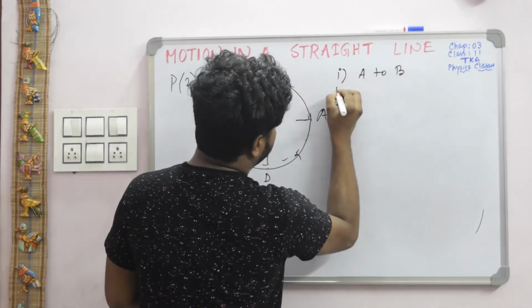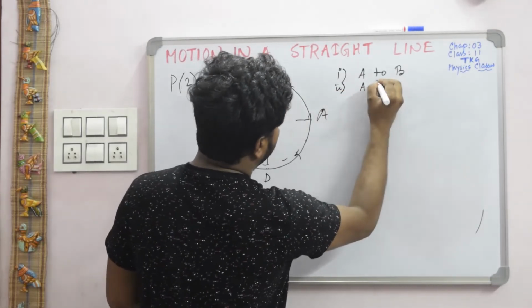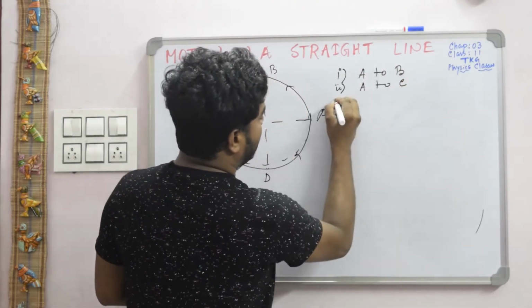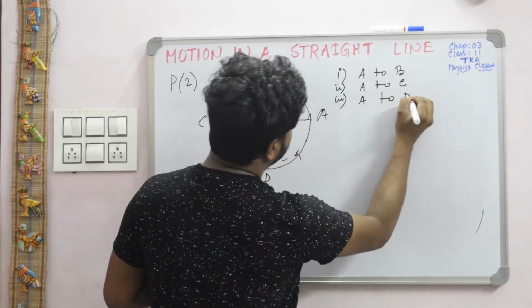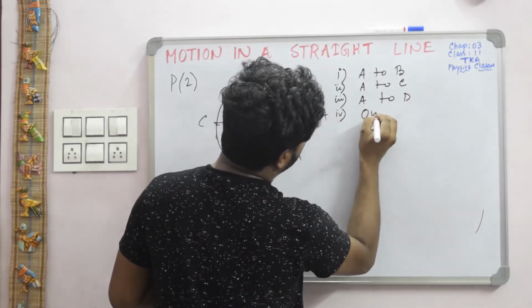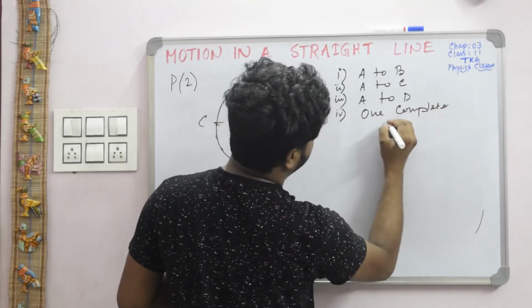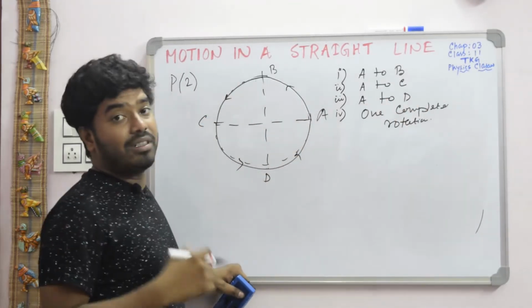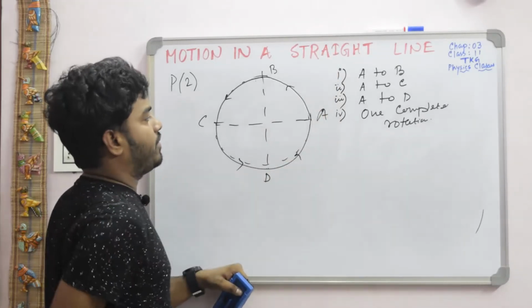Second, the distance and displacement when the body moves A to C. Third case, the body moving A to D, and finally one complete rotation.